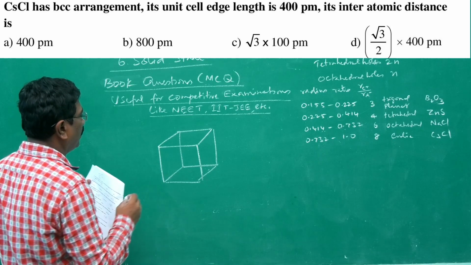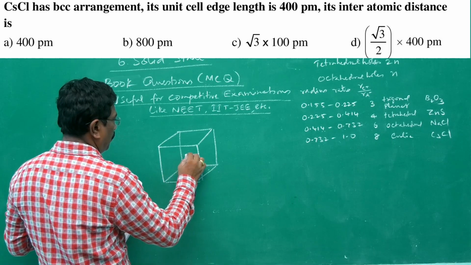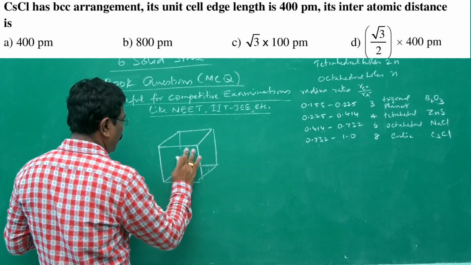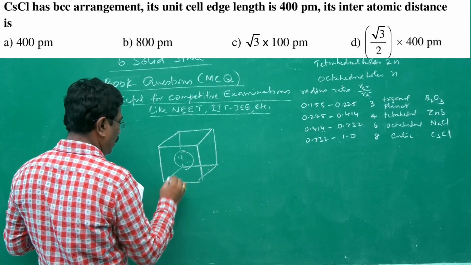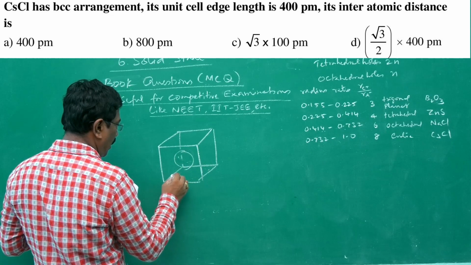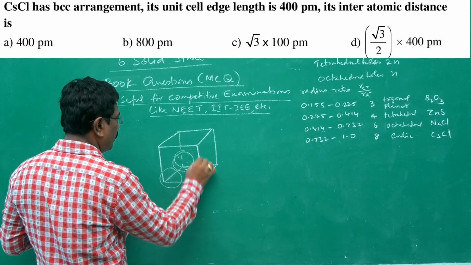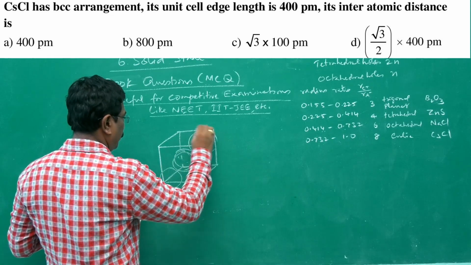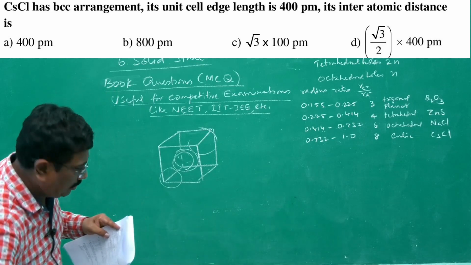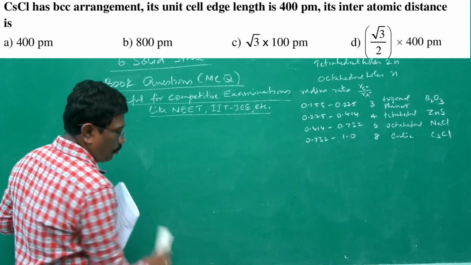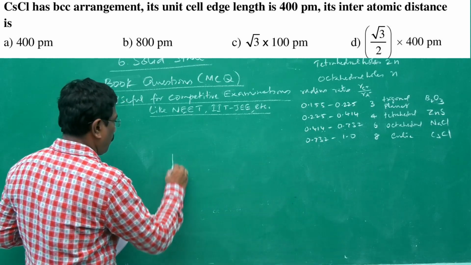CsCl belongs to body centered cubic arrangement. There is a center, at the center we have an atom, corner atom here, this corner atom, body center and then that corner. Let me draw differently, it should be drawn a little bit bigger.